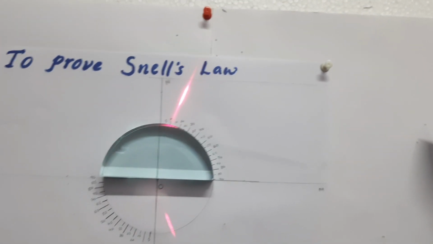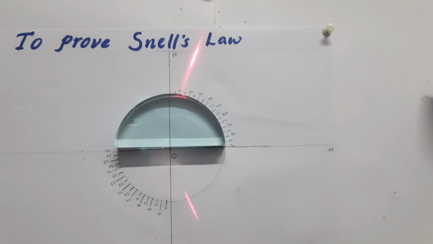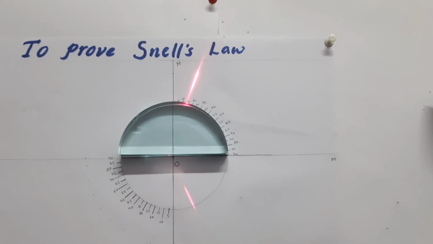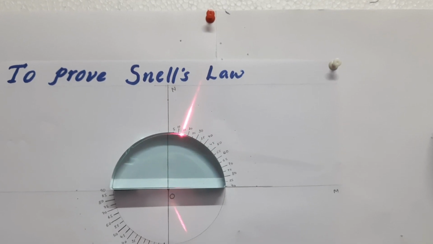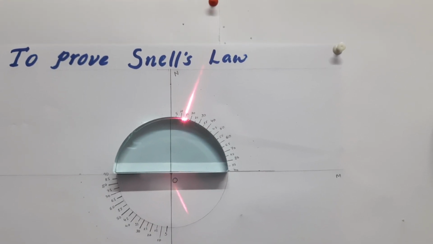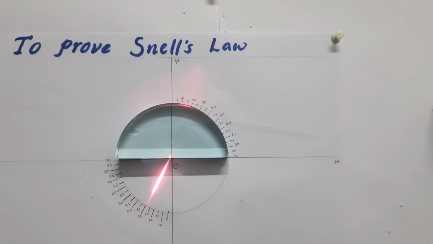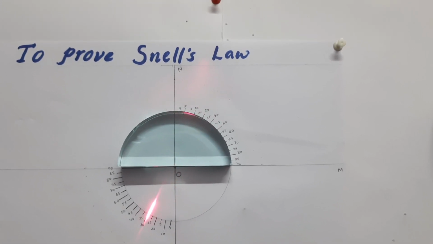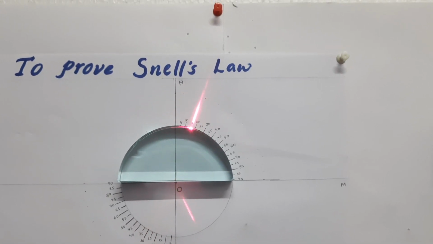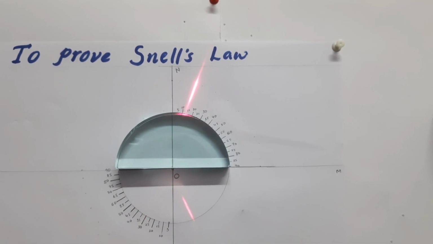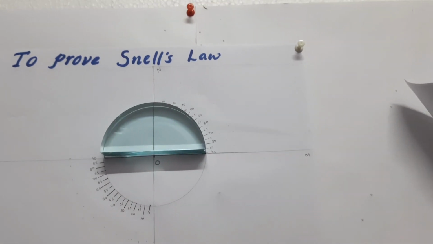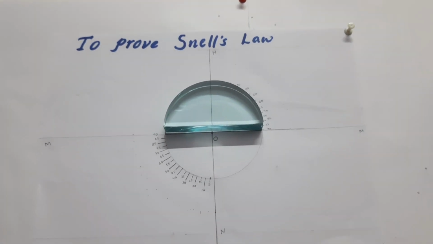Okay, so from here we have proved that the light ray will bend towards the normal when it travels from rarer medium to denser medium. So the light is traveling from air to glass, that is rarer to denser. So it is bending towards the normal, and the angle of refraction is less than the angle of incidence.